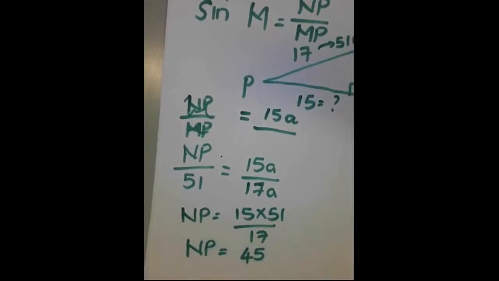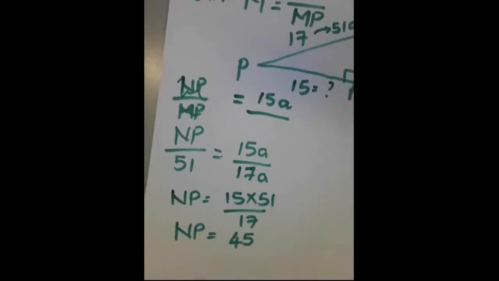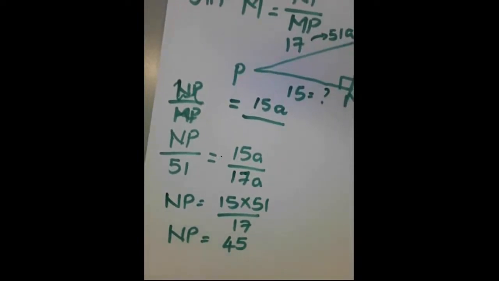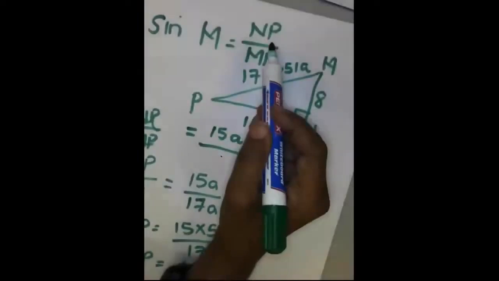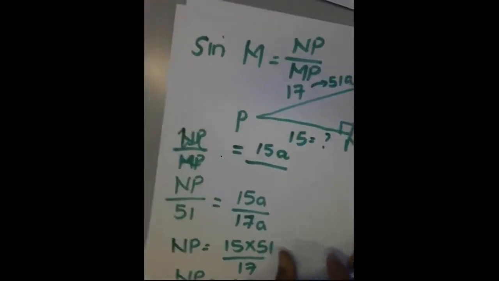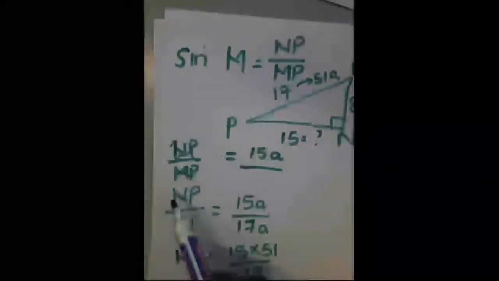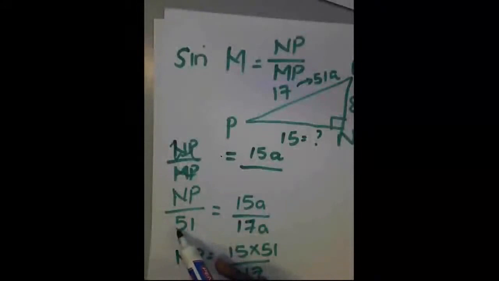Let me explain this again. If we're looking in terms of proportionality, I know that sine M has a particular length, right? But now they're giving me a new length. So all that I've done is put in the length, I'm going to find NP, okay? The length that they're giving me for MP is 51.